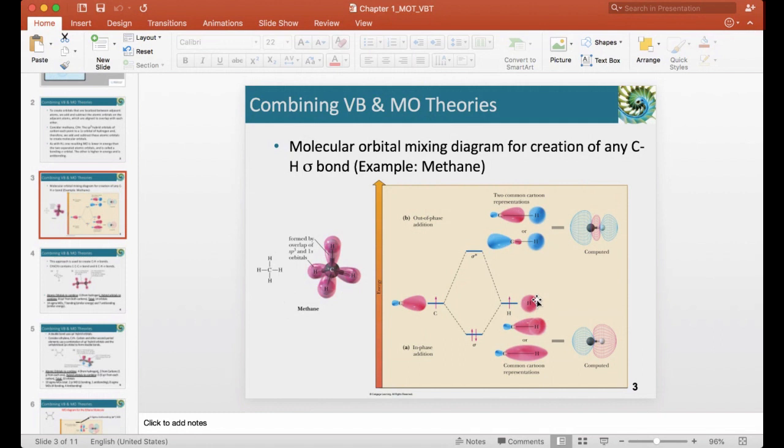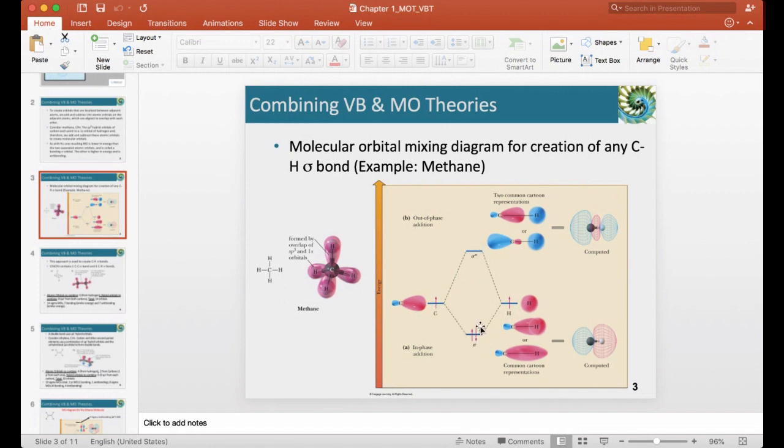Therefore, to build the molecular orbital diagram for this bond, we are combining one hybrid orbital from carbon and one atomic orbital from hydrogen, that leads to two molecular orbitals. So one and one, two, forming two molecular orbitals, one bonding and one anti-bonding.